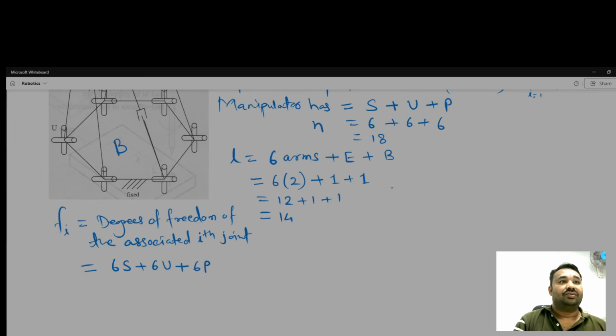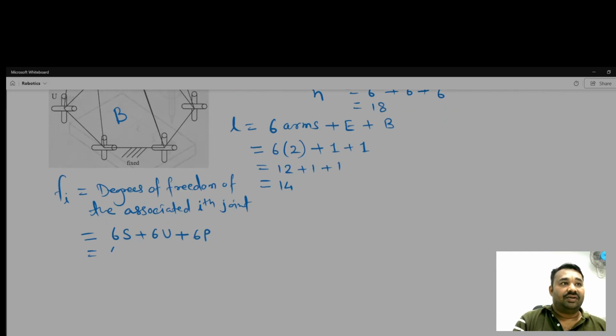So what we get: 6 multiplied by 3, as spherical has 3 degrees of freedom, and 6 multiplied by 2 for the universal joint, which is also known as the hook joint, so U is equal to 2, and the 6 prismatic have 1 degree of freedom each. So it is 18 plus 12 plus 6, which means we have 36.